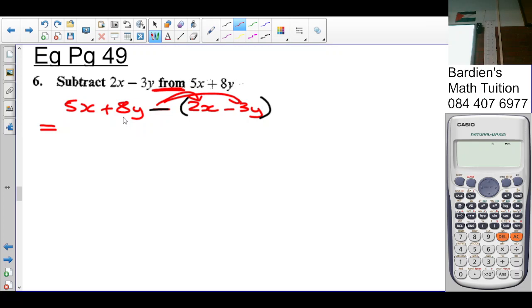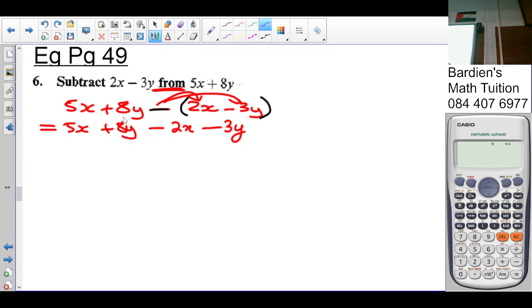So we're going to first write this down. 5x plus 8y is minus 2x, yes? Is she correct? No.